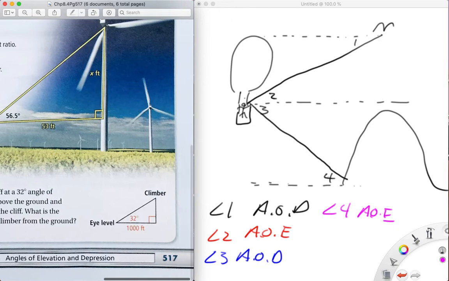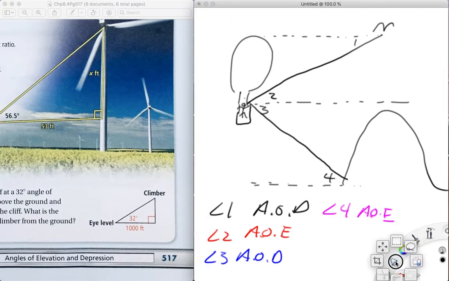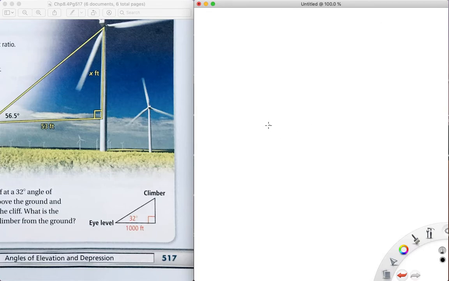Alright. And here they have a sort of triangular situation. So there's some person looking at a climber, I guess. So it's a right triangle.